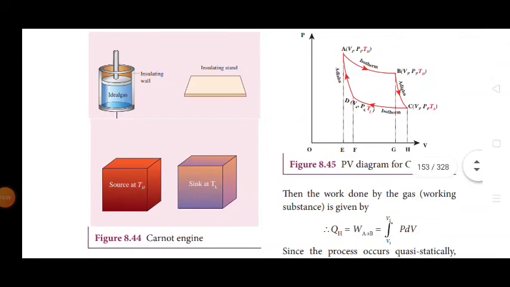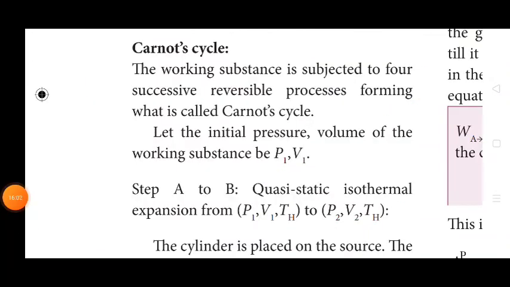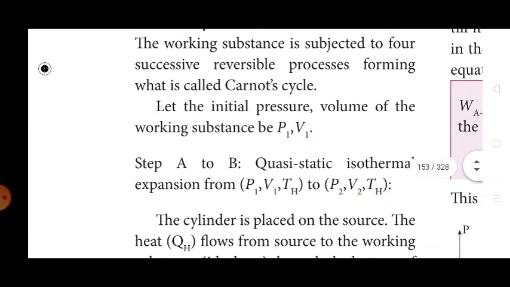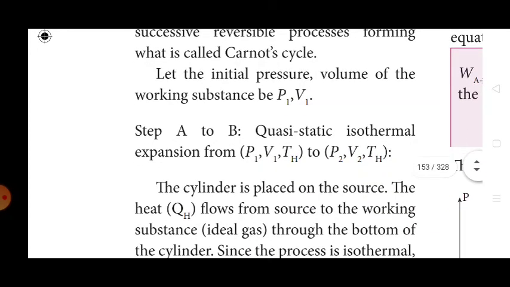Carnot cycle. The working substance is subjected to 4 successive reversible processes, forming what is called the Carnot cycle. Let the initial pressure and volume of the working substance be P1, V1. Step A to B, quasi-static isothermal expansion from P1, V1, TH to P2, V2 and TH.